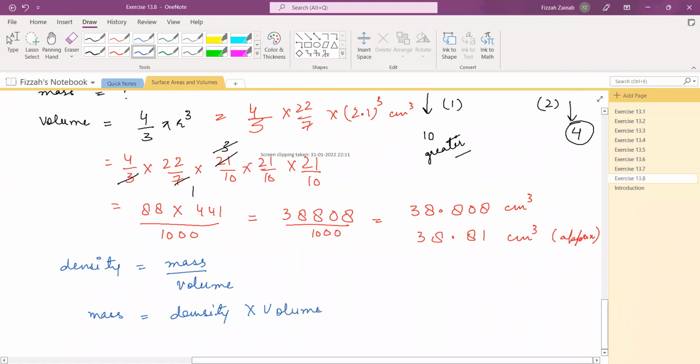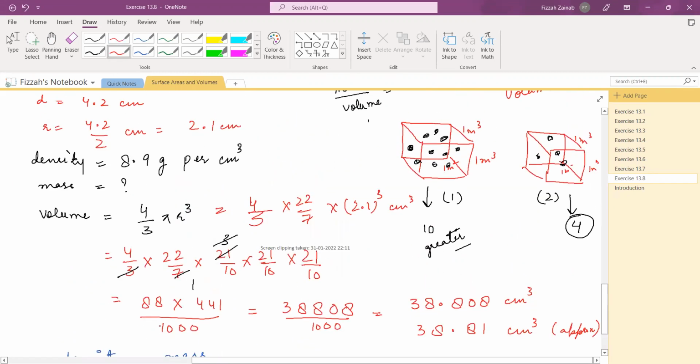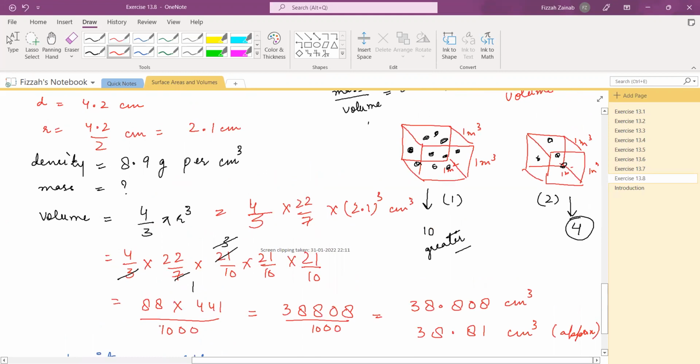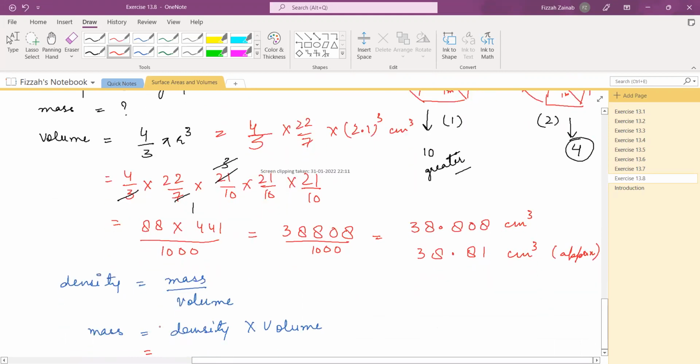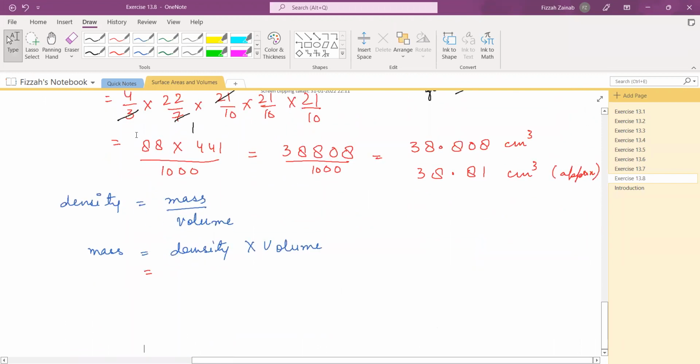Now you know what is density and you know what is volume. So put the values here. What is the density in the question? 8.9 gram per centimeter cube. So write it like this. 8.9 grams per centimeter cube. So I'm writing centimeter cube here. Fine.